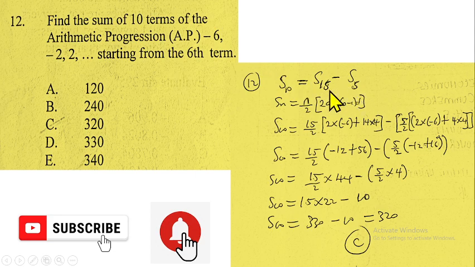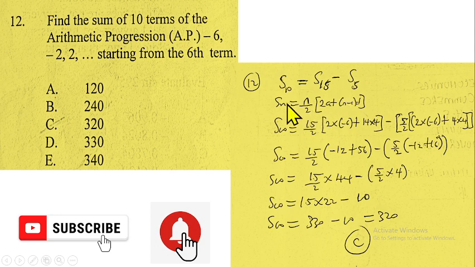If you do 15 minus 6, that gives 9, not 10, and it means we are not including the 6th. That's why we do 15 minus 5, because the sum starting after the 5th means the 6th is included as well. So if you find the sum of 15 minus the sum of 5, that gives the sum of that sequence.